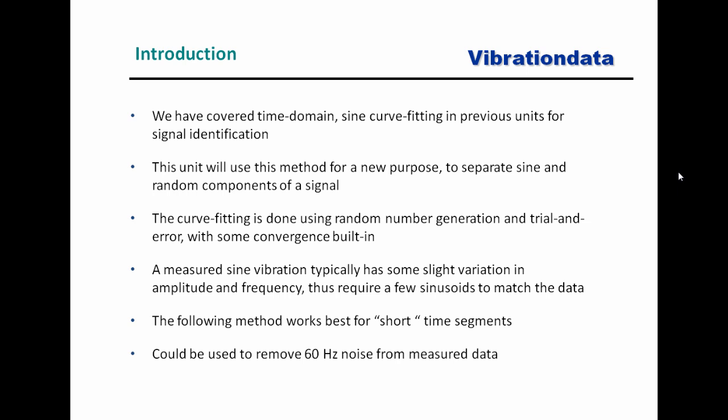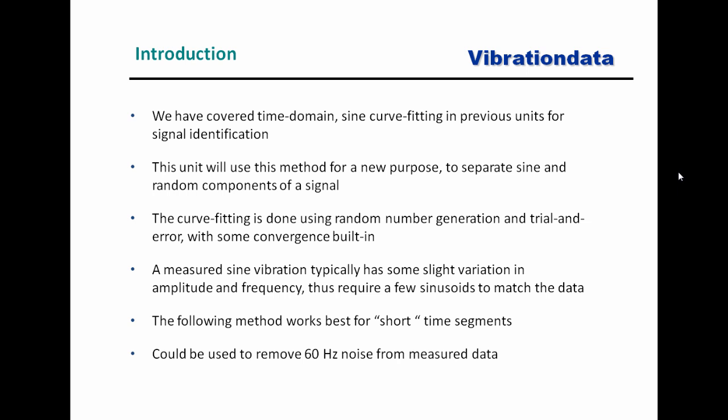And so I realized that that was readily done, and we could just take our curve fitting method we've used before with random number generation and some trial and error, and it has some built-in convergence and least squares routine built into it. And we could identify the sinusoidal tones and then subtract them from the broadband random data, thereby separating the two signal types.